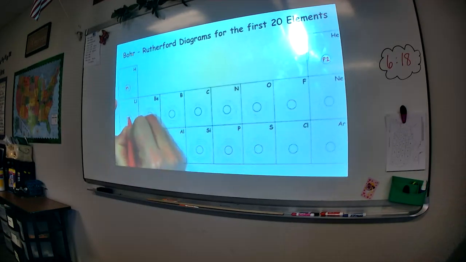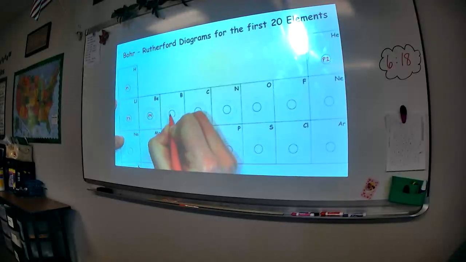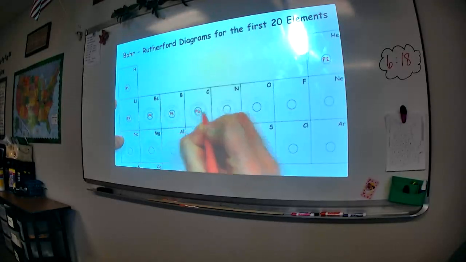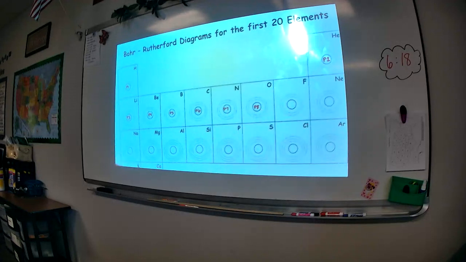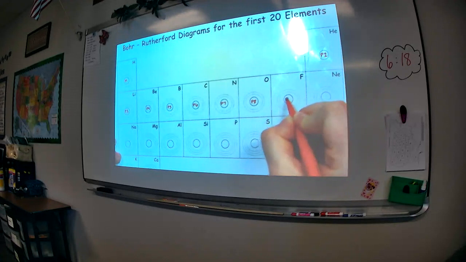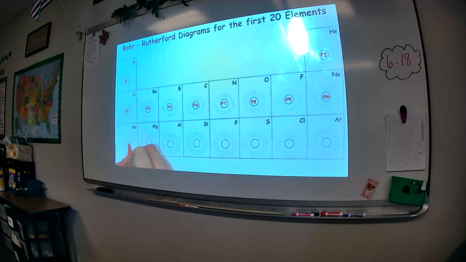So lithium is P3, beryllium is P4, boron is P5, carbon is P6, nitrogen is P7, oxygen is P8, fluorine is P9, neon is P10, sodium P11, magnesium P12, aluminum P13, silicon P14, phosphorus P15, sulfur P16, chlorine P17, argon P18, potassium P19, and calcium P20.